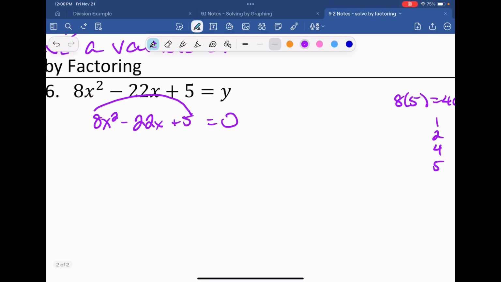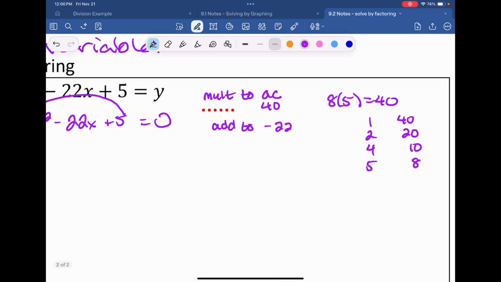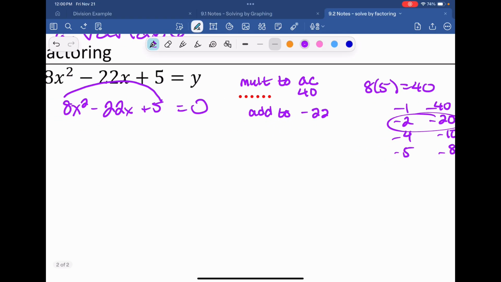All right, this time because your leading coefficient is 8, has to multiply to AC. That's 40. Still needs to add to negative 22. Okay, so how is it possible to get positive when you multiply but negative when you add if both are negative? And I can see right there, it's the one that adds to be negative 22. So break it up.